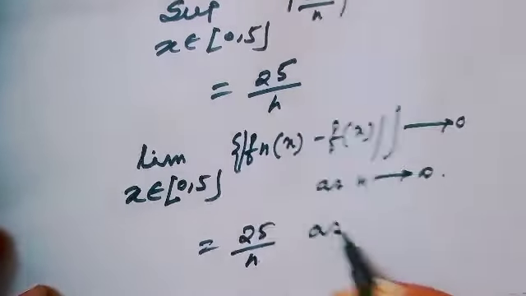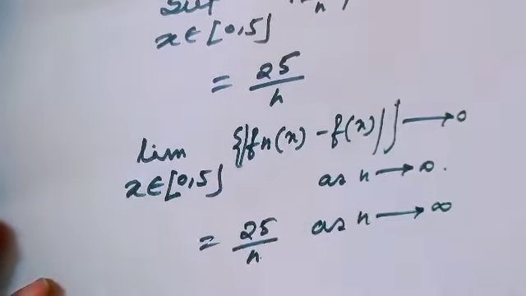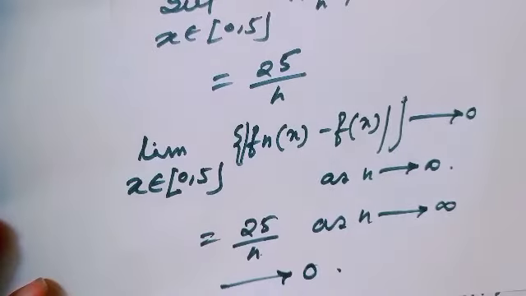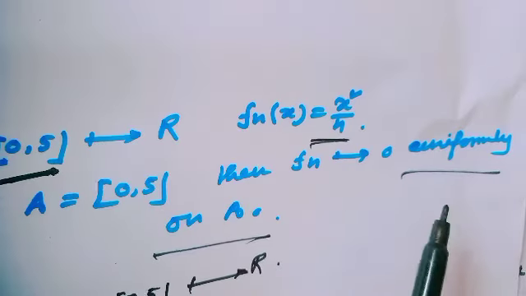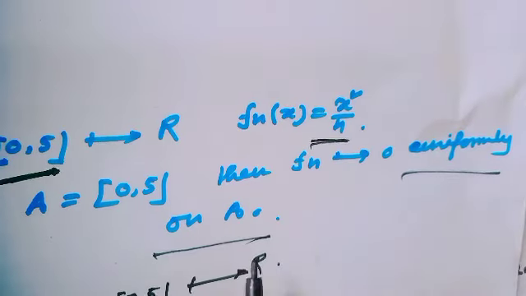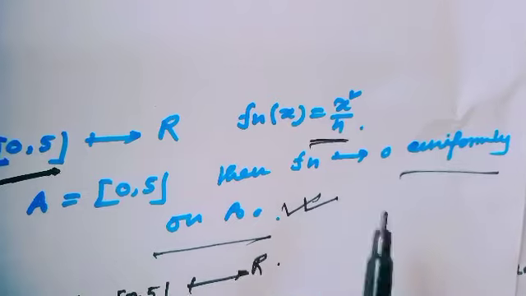As n tends to infinity, this value tends to 0. So our proof is done. This sequence of functions converges uniformly on the set A. Are you getting the method?